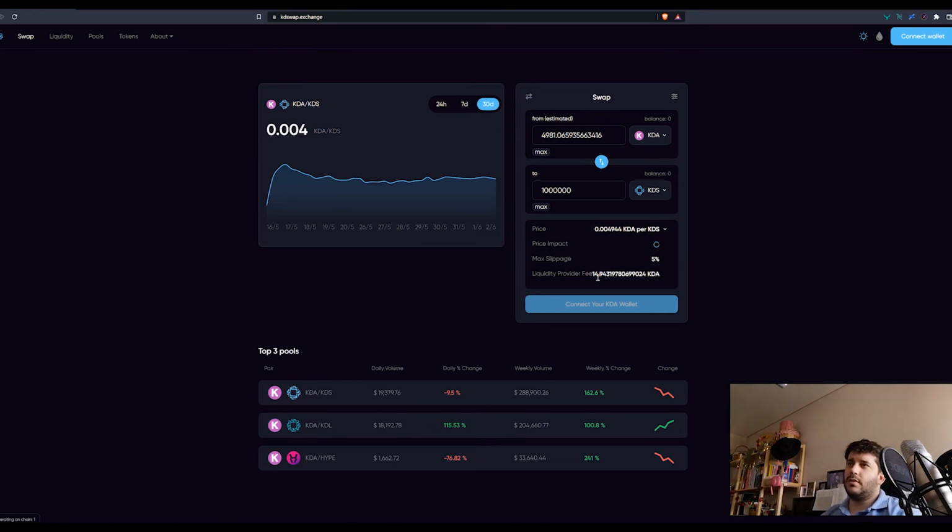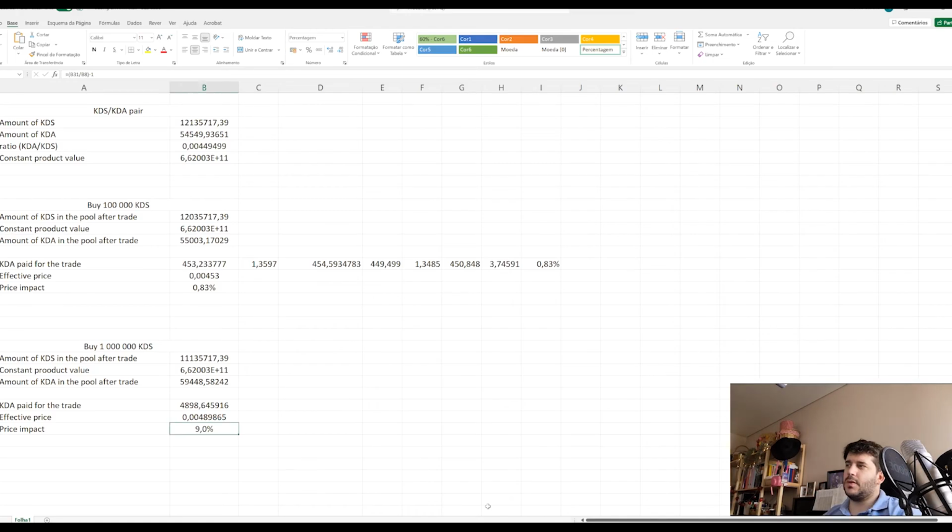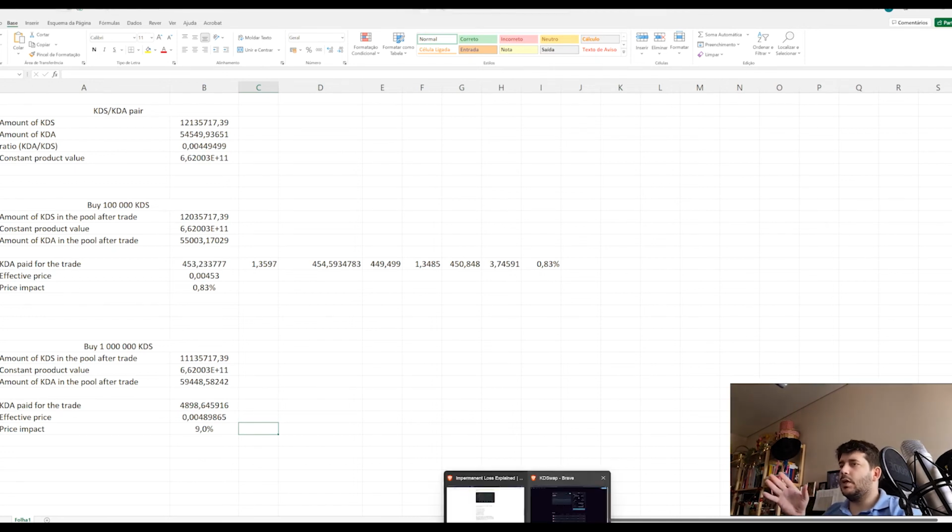Actually, if you look at the fee, 14.94, and you subtract that, you probably get almost the same amount. So this is basically how price impact works and why you pay more for each trade you do. The more volume you do, the more you pay. Makes perfect sense.